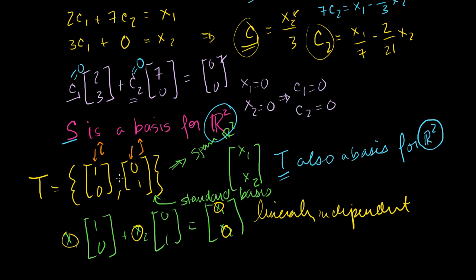And what's useful about a basis, and it's not just true of the standard basis, is that you can represent any vector in your subspace by some unique combination of the vectors in your basis. So let me show you that.